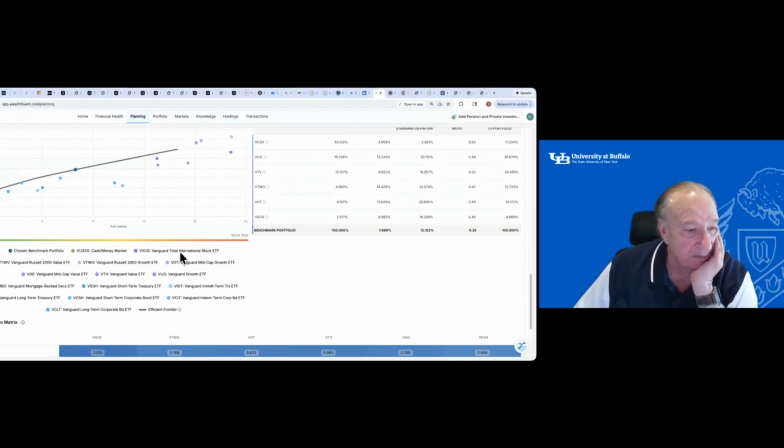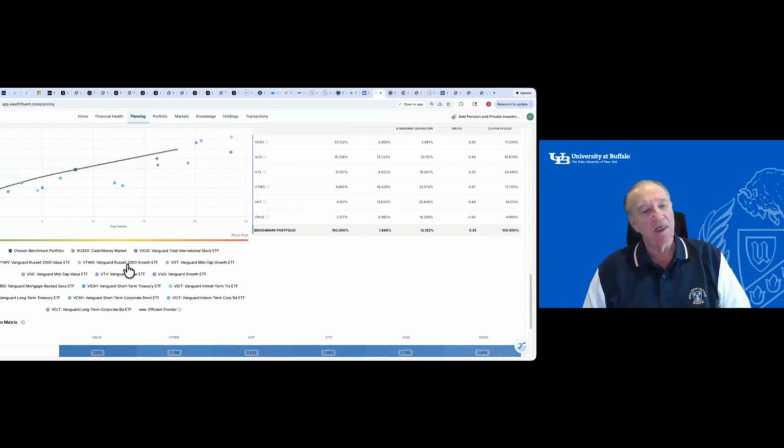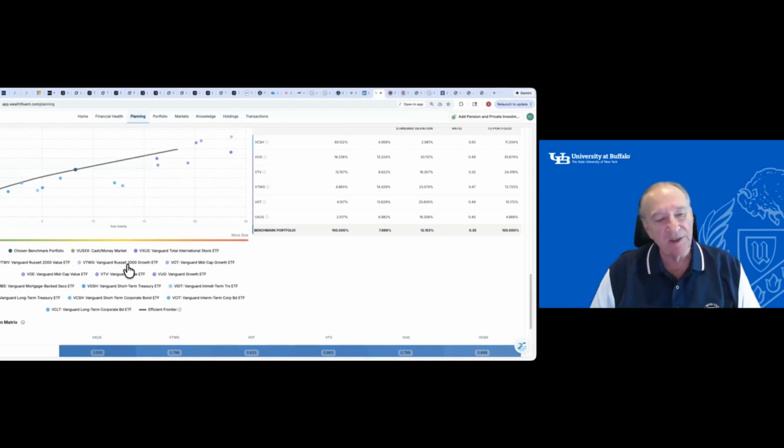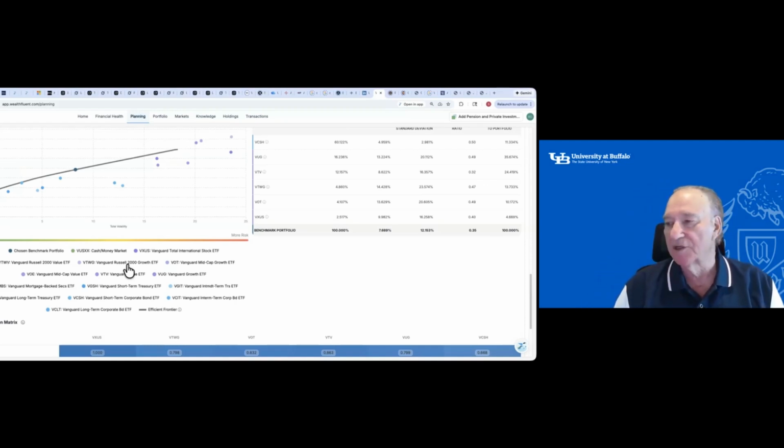It'll be determined. Then we have Russell 2000 value and Russell 2000 growth. Okay, now together, that's all small cap. Why do you think we might want to separate on the basis of growth and value? The reason is value, from a tax location point of view, is what you should put in your 401k or IRA.